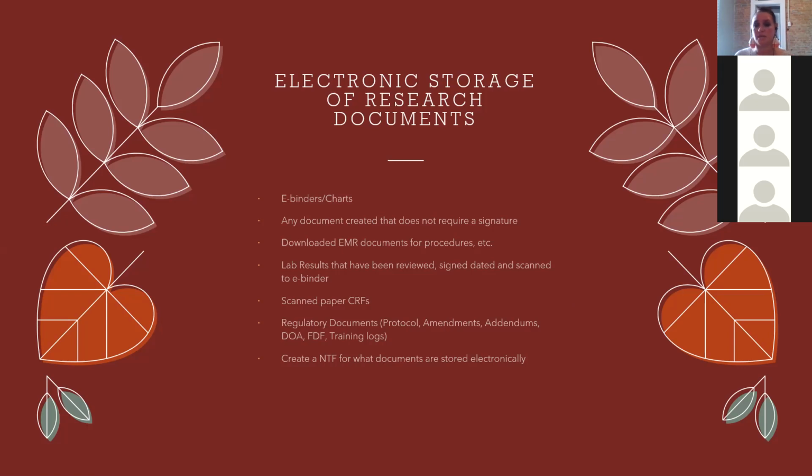And while I appreciate their consistency and how complete and accurate their documentation is, that does not leave a lot of room for other things when you're printing all of that. So training logs, financial disclosures, DOAs, all of those, once they've been reviewed initially, can be scanned and saved electronically.